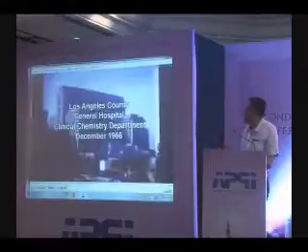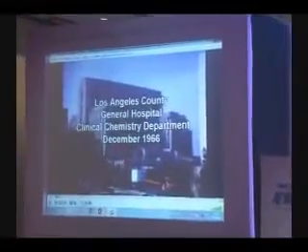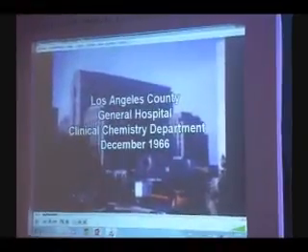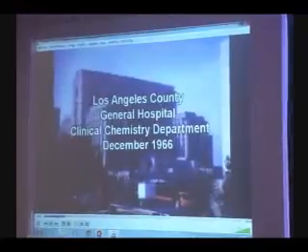I'll just take you 50 years ago to Los Angeles County Hospital, which had one of the world's first at the University of Southern California in 1966. The quality of the film is not great, but it does depict much of what was going on in clinical chemistry during that era. This is the main building of the LA County General Hospital. The workload for chemistry was carried out, nearly all of it on Technicon AutoAnalyzer 1s.